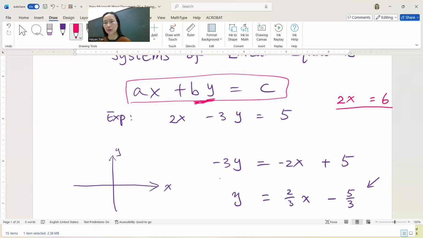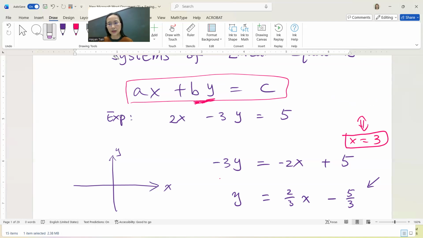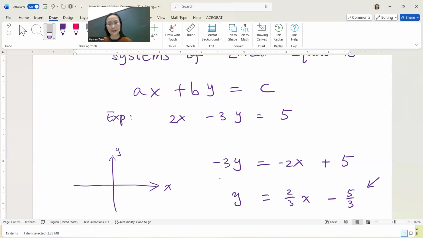This is a vertical line because this is the same as x equals 3 if I divide both sides of the equation by 2. So no matter whether it's a vertical line or not, we can always represent a straight line in this equation form.